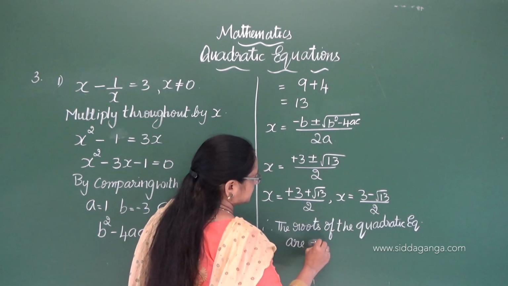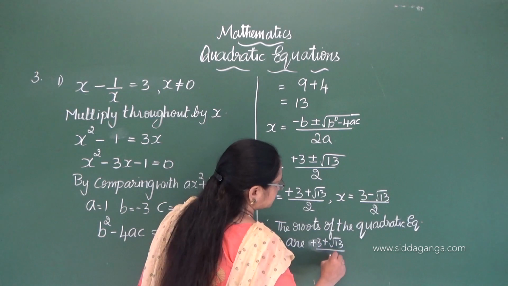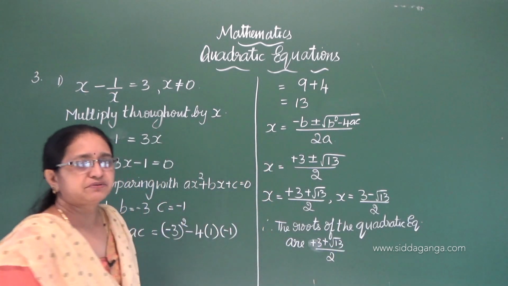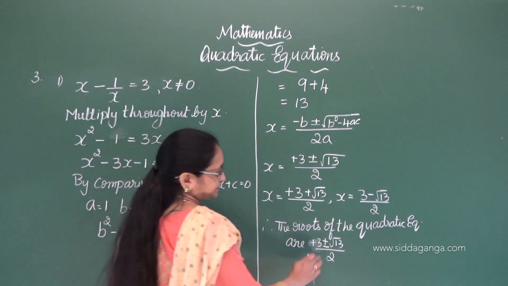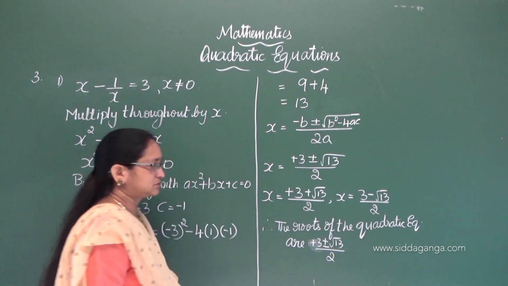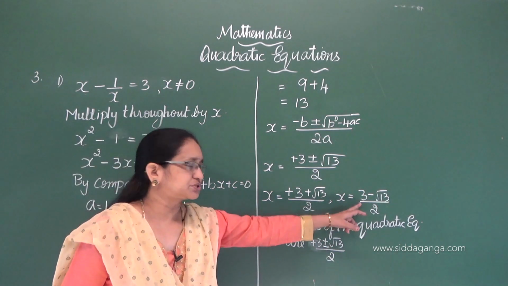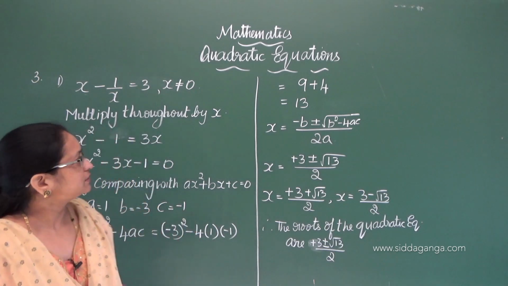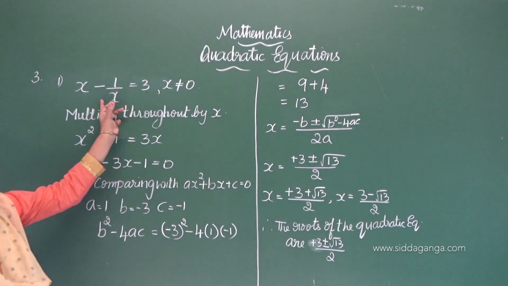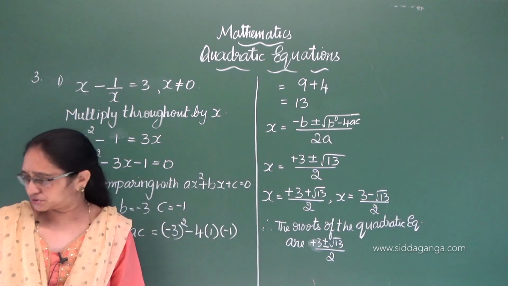You can write 3 plus root 13 by 2, or as I told you in the previous class you can write plus or minus root 13, okay, or you can split and write the roots also. So that is understood, these two roots. I hope you understood this method. See, here the only thing is you have to change this into the standard form and then you have to continue as usual, okay.